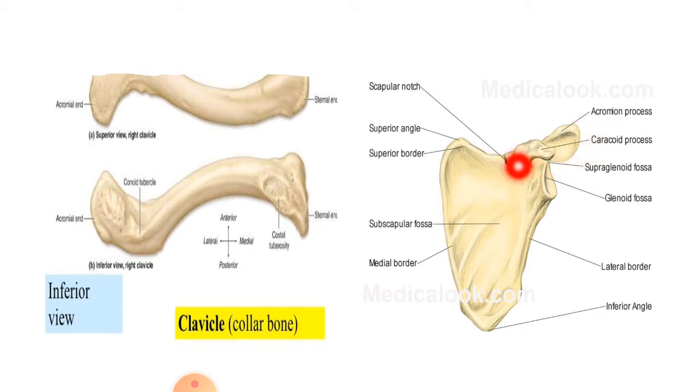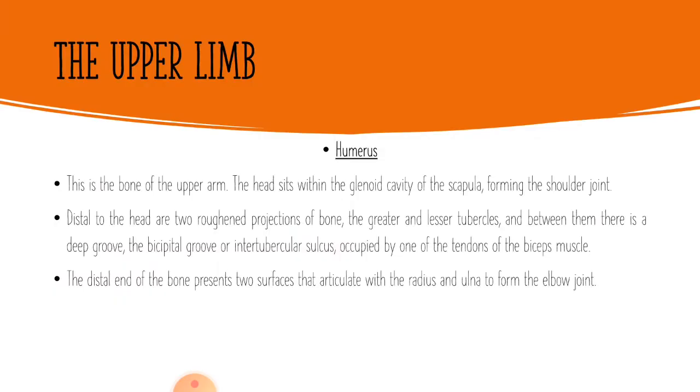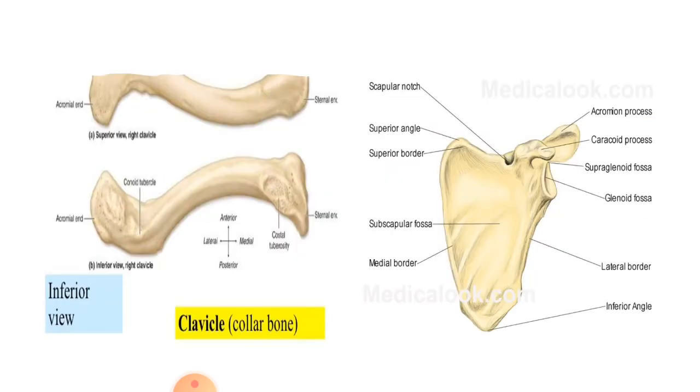This is the beak-like coracoid process, and this subscapular fossa basically accommodates the subscapularis muscle.